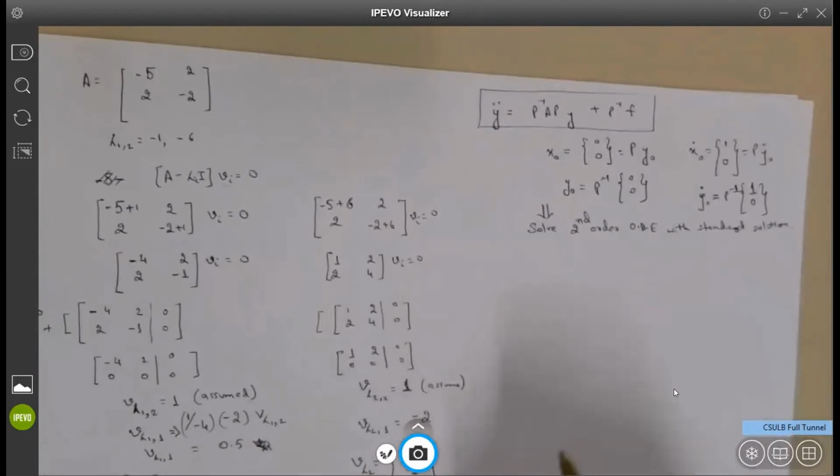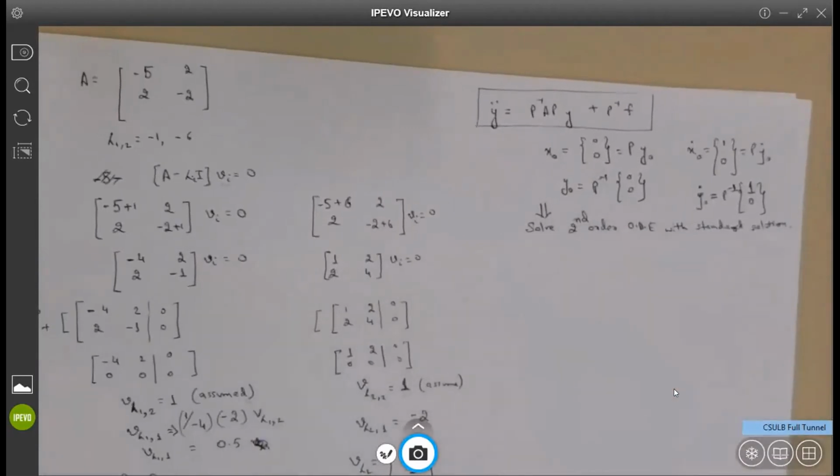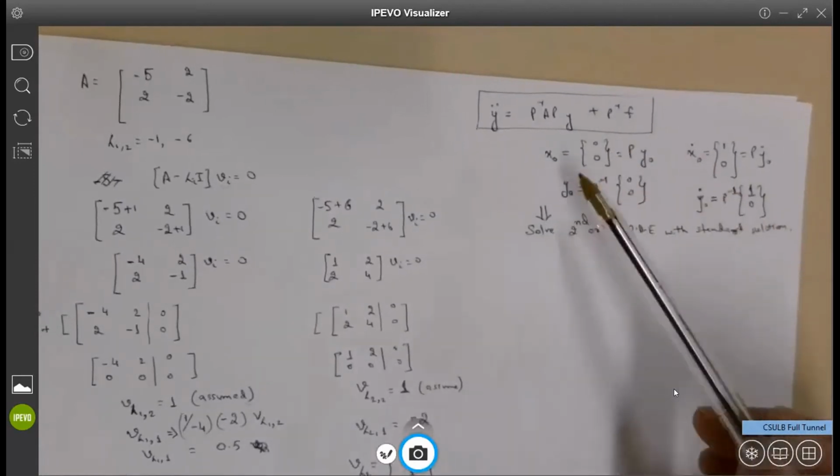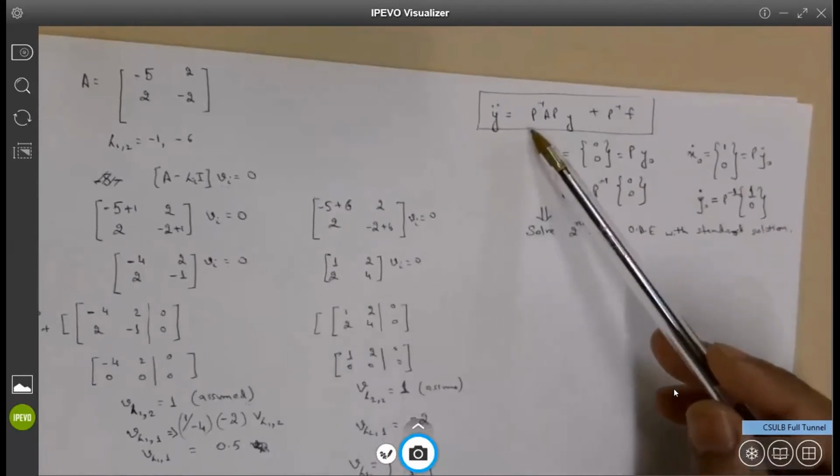What we have to do next is see the solution. This is the solution for a second order ODE.